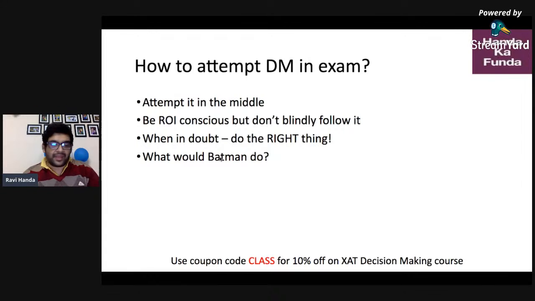Then, how to attempt decision making in the exam? I very strongly recommend that you attempt decision making in the middle of the paper. Don't leave it for the end, because by the end you get tired, and with maybe just 5 minutes left you cannot really do a decision making set.